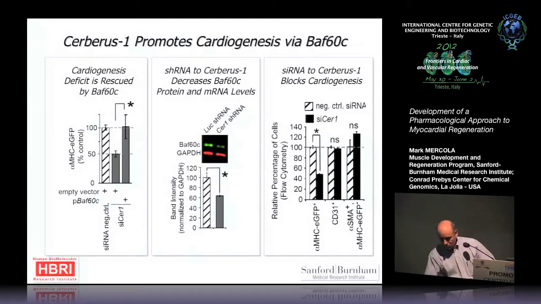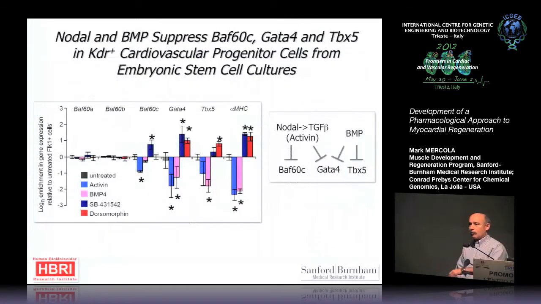So this gives you the idea that Cerberus might be inducing cardiogenesis through the action of inducing BAF60C. So since Cerberus blocks nodal and BMP, Wenqing then went on to ask, how are these related in a signaling cascade? And what she showed here, if you treat cells with activin or BMP, activin is a mimic of nodal.